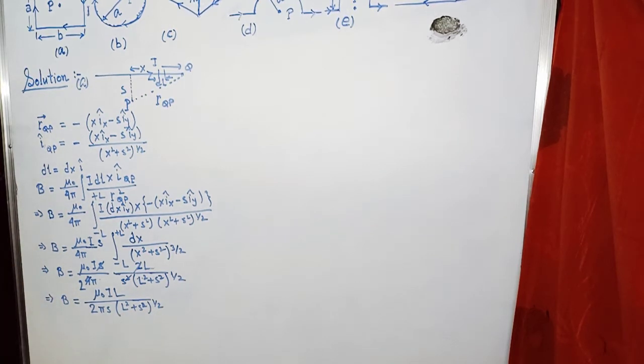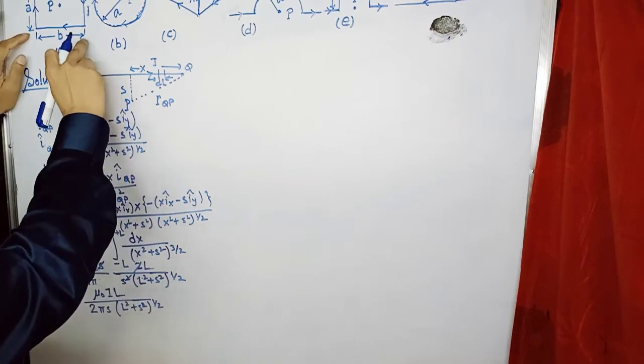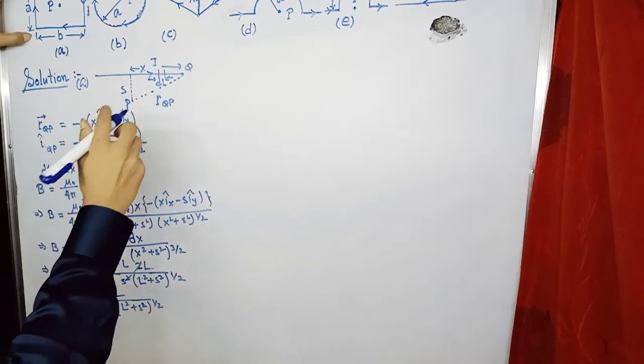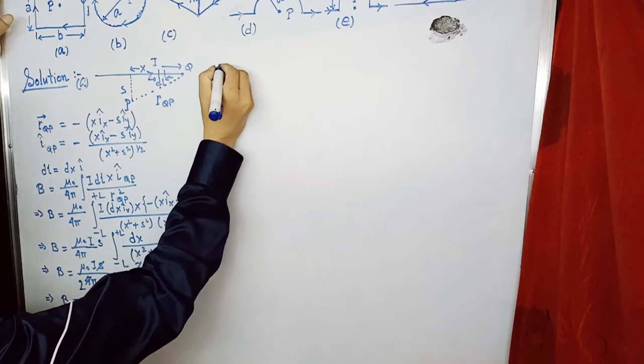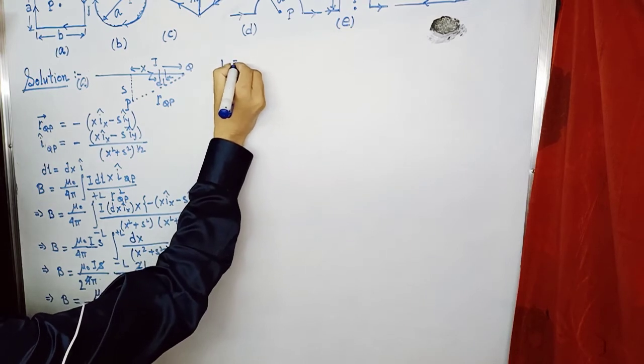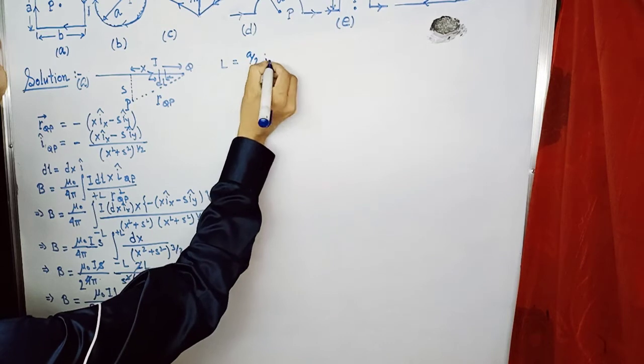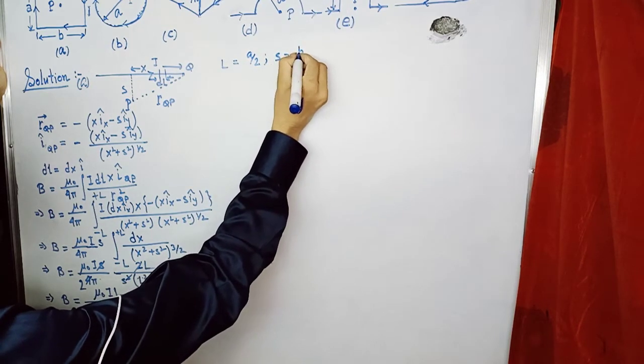Again, for this rectangular loop, first we consider this upper segment. For this upper segment, L equals A divided by 2 and S equals B divided by 2.